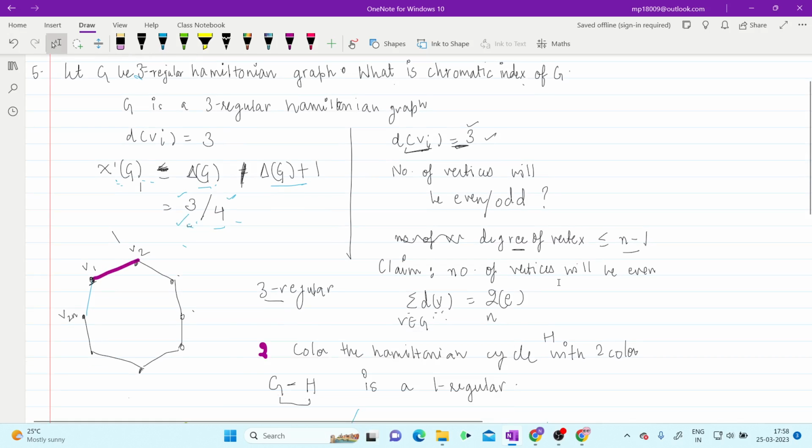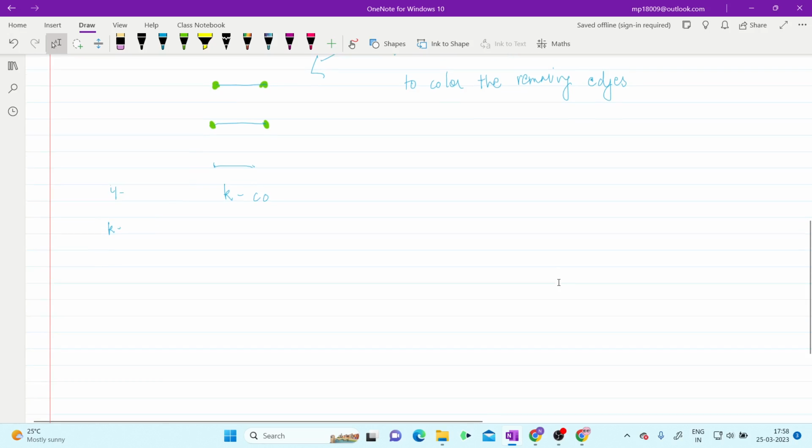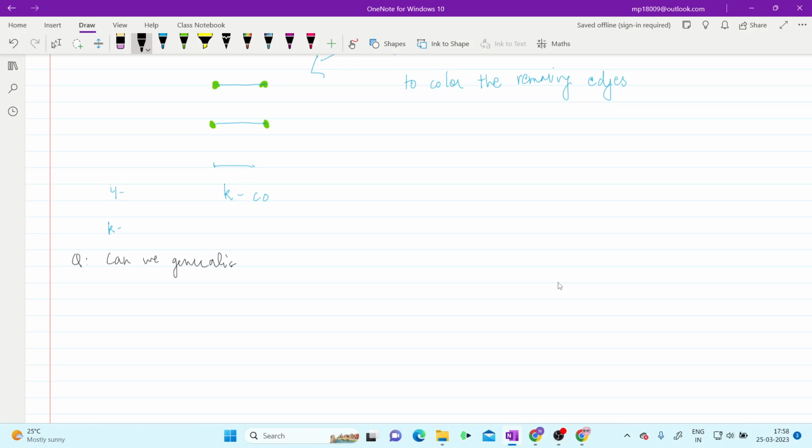Okay. Now the question is if we can generalize this. So there is no direct generalization, at least using this method we cannot generalize. Suppose this graph was a 5 regular Hamiltonian graph, and we apply the same procedure.